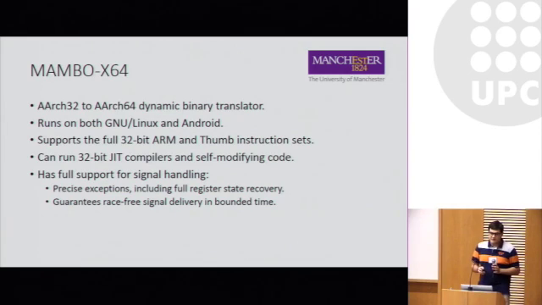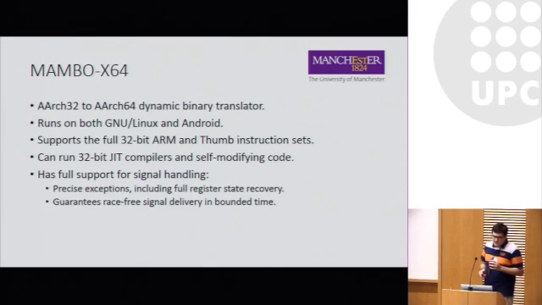And this includes support for tricky applications like JIT compilers and self-modifying code. Additionally, there's full support for signal handling, including recovering precise register state for faulting instructions, and it also guarantees to deliver signals in a bounded amount of time, even if the program happens to be stuck in an infinite loop.